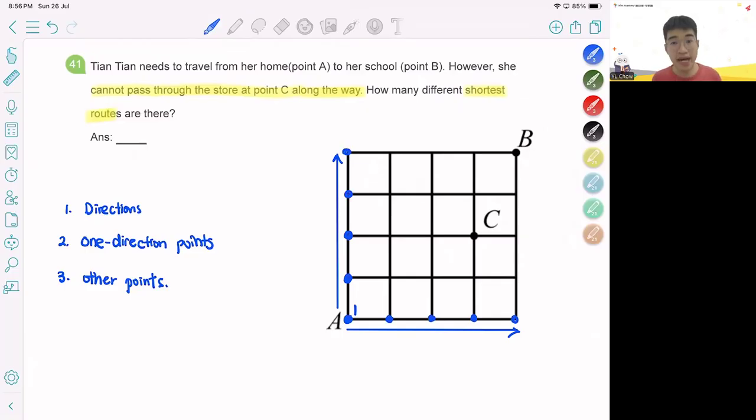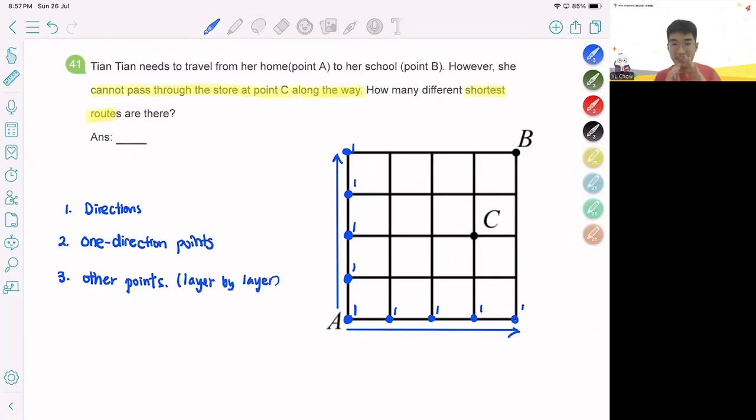Now these points, how many ways are there to reach each of them? There's only one way, because you just go all the way along one direction. So these all have one shortest path to reach them. Just follow that one direction.